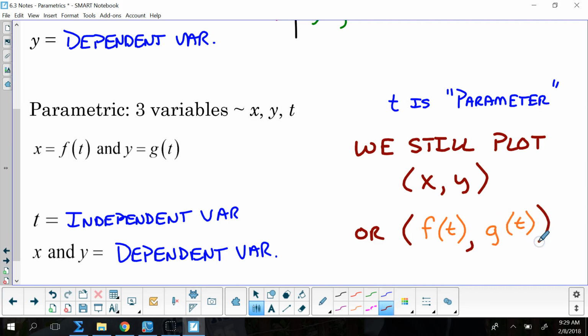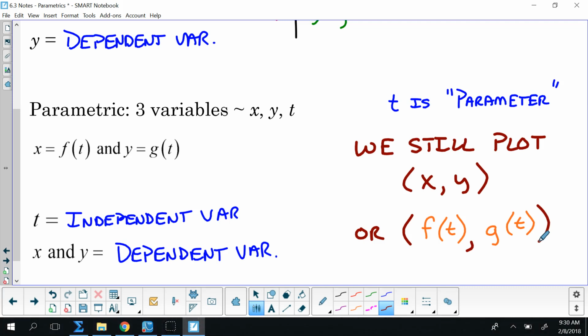We have to plug in t into our x function. Then that gets us the x value for that point. Then we have to plug in t into our y function, and that gives us the corresponding y value. Then we plot x comma y.